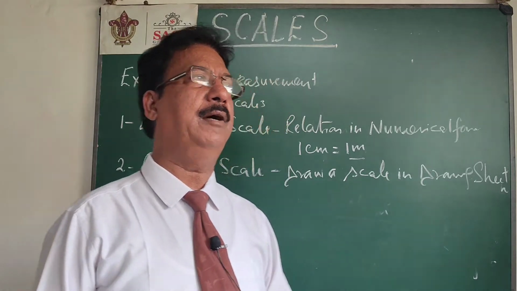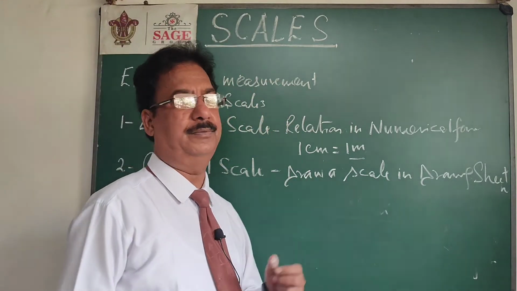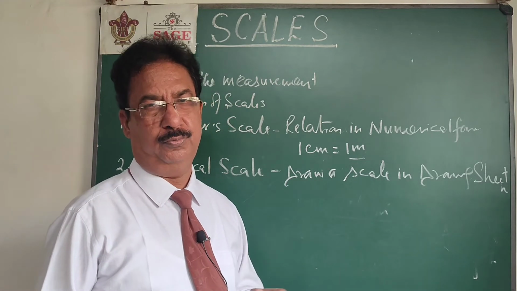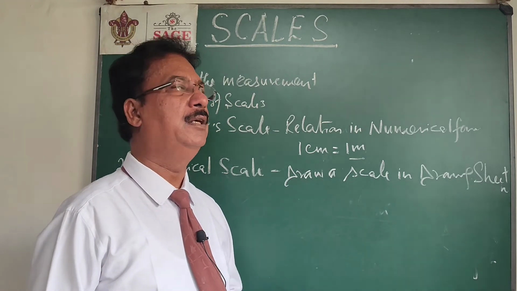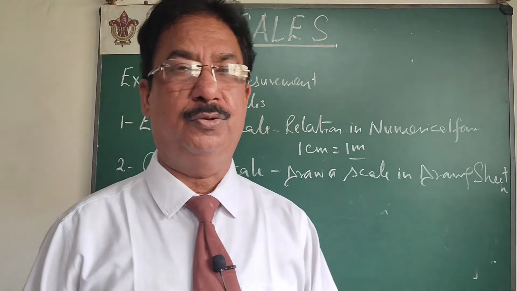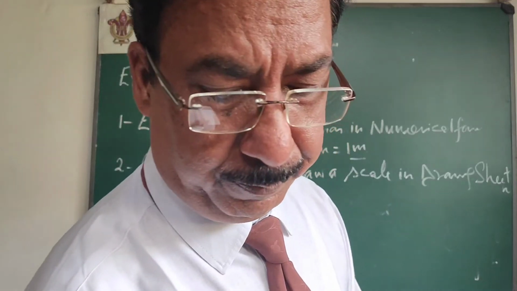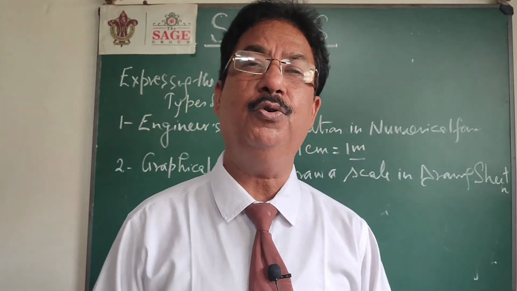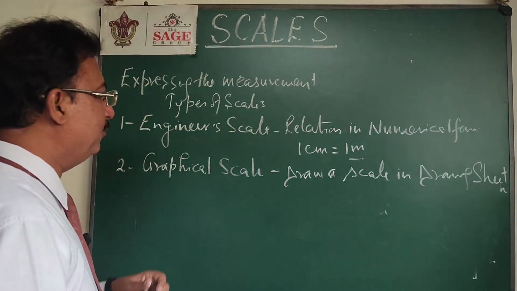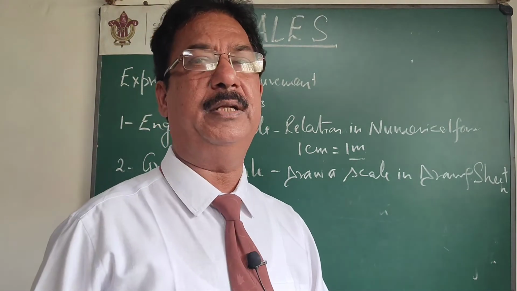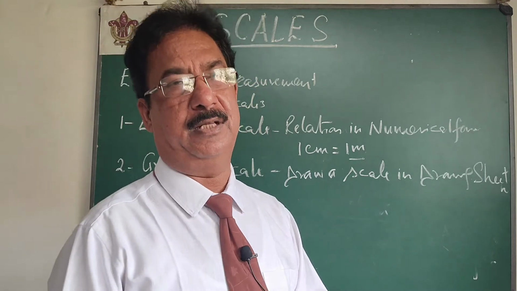The advantage is that if the drawing shrinks due to some weather conditions, then the scale will be reduced in the same proportion. So the proportion between the scale and the drawing will not change. Scales that are already drawn in the drawing sheet itself are known as graphical scales.